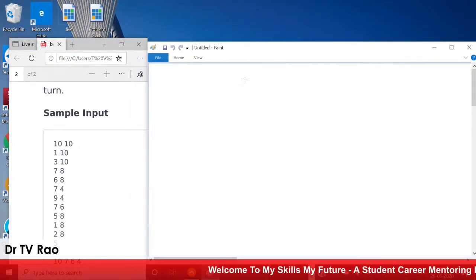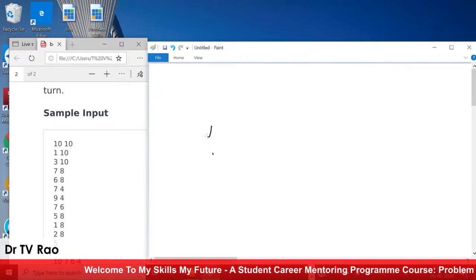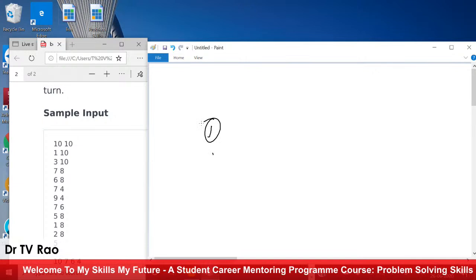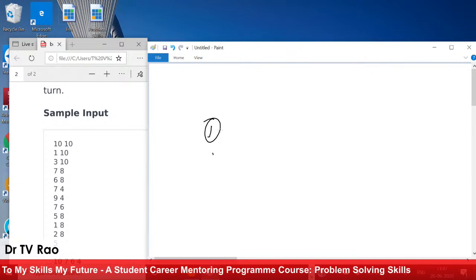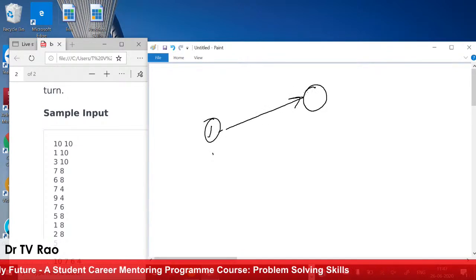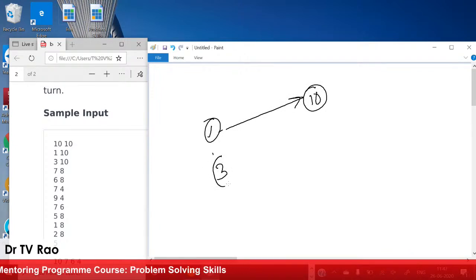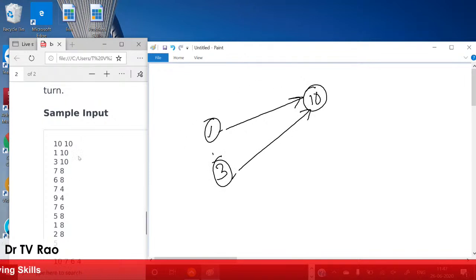See, location 1 is connected to location 10. Location 3 is also connected to location 10. 10 locations and 10 paths. The first input is the number of locations and the second input is the number of paths. Okay. Location 7 is connected to location 8.